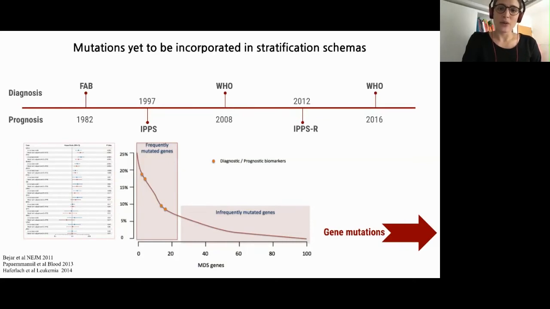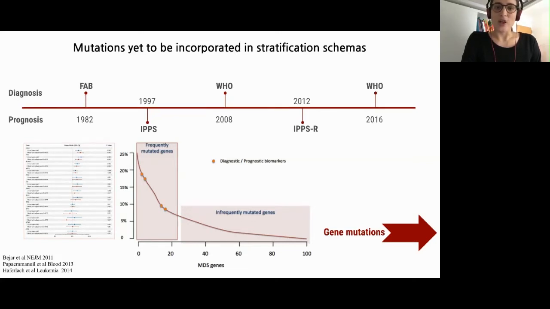However, with the typical long-tail distribution of mutated genes, most of the recurrently mutated genes are very infrequent, with 80% of mutated genes present in less than 5% of patients.